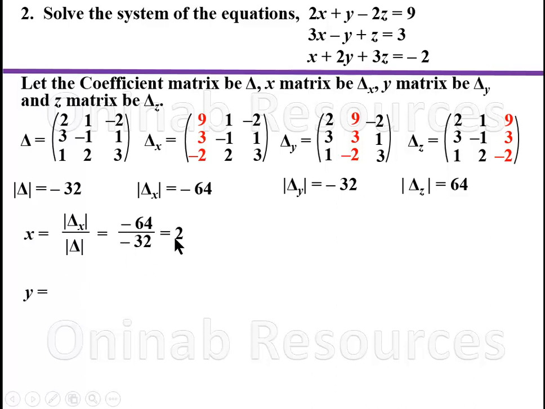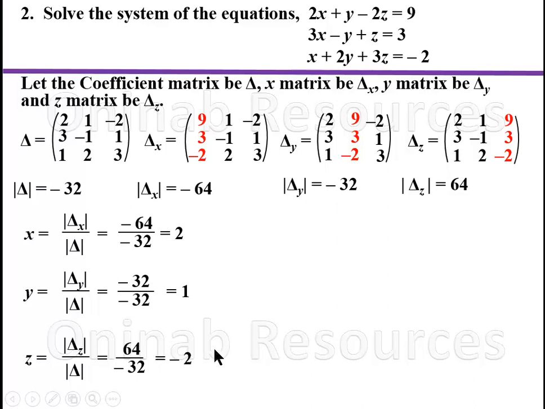Then for y, the determinant of delta y divided by the determinant of the delta, that's negative 32 divided by negative 32, which gives 1. And for z, the determinant of delta z divided by the determinant of the delta, 64 divided by negative 32, which gives negative 2. That brings the tutorial to an end.